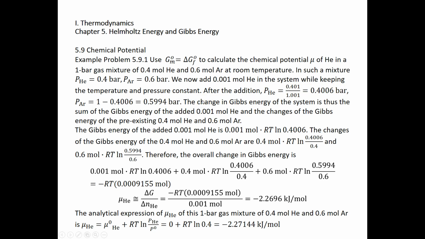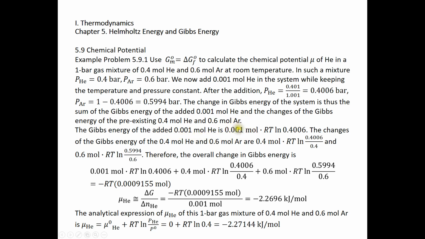Now we need to compute the finite change of the Gibbs energy. It has 3 components. So first, we added this amount of helium, so we need to compute the Gibbs energy of the added helium. And then we need to calculate the change of the Gibbs energy of the pre-existing helium and also the Gibbs energy change of the pre-existing argon. So first, the added helium. Well, what's the Gibbs energy of the added helium?